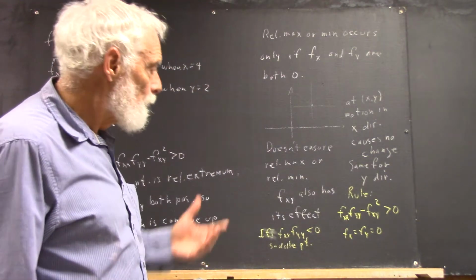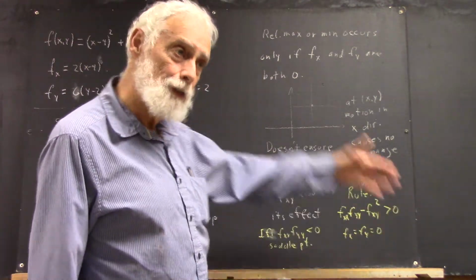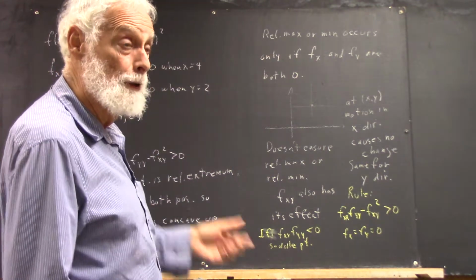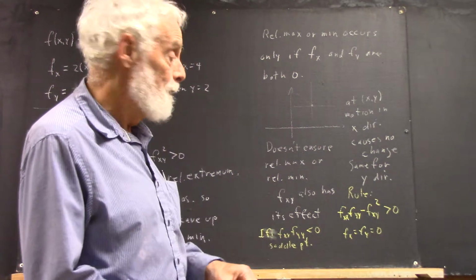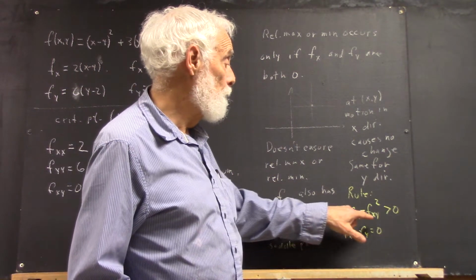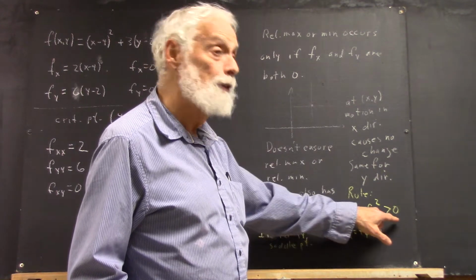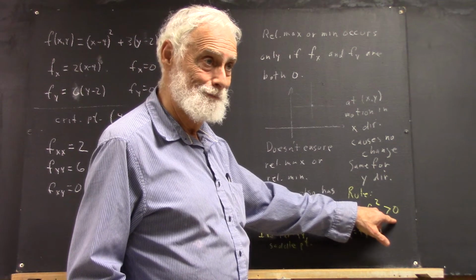Okay? Now, there's one case we haven't addressed, and that's a case that almost arose on the example I just did, which is why I mentioned this. What if fxx, fyy minus fxy squared is equal to 0? Okay?